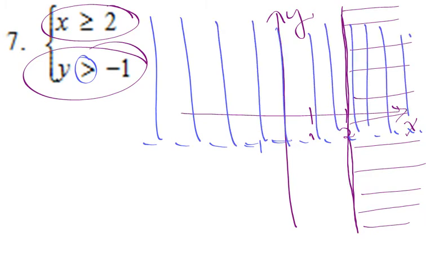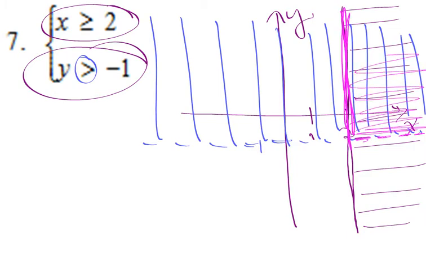Okay, and so the overlap of these things right here is this dashed line right here, and solid line here, and everything in the overlap. And that's your solution.